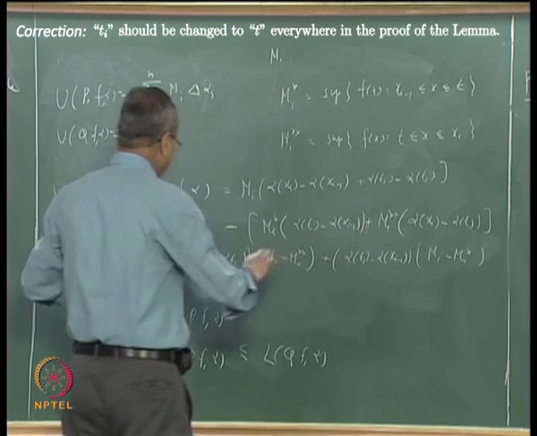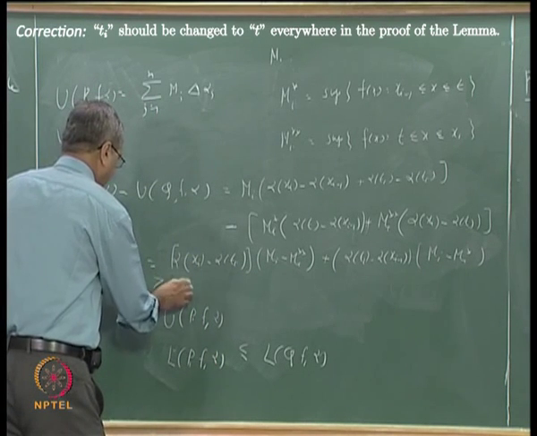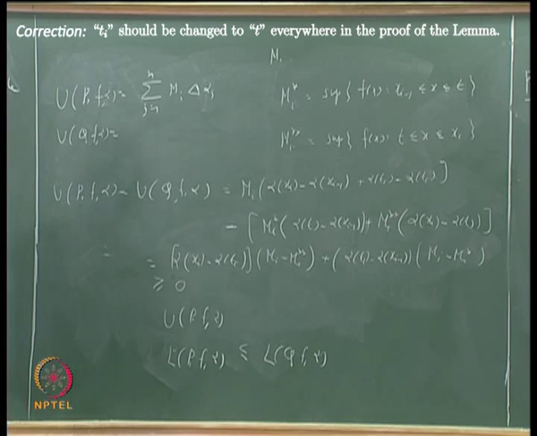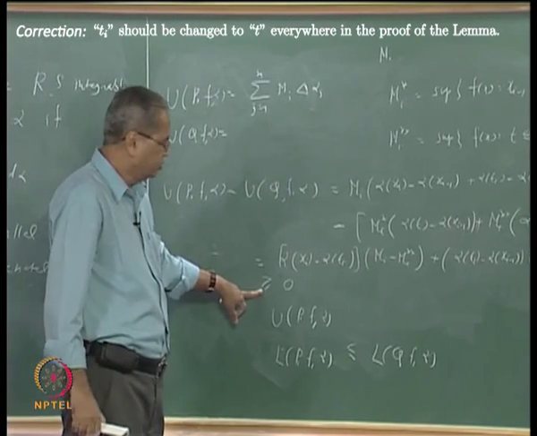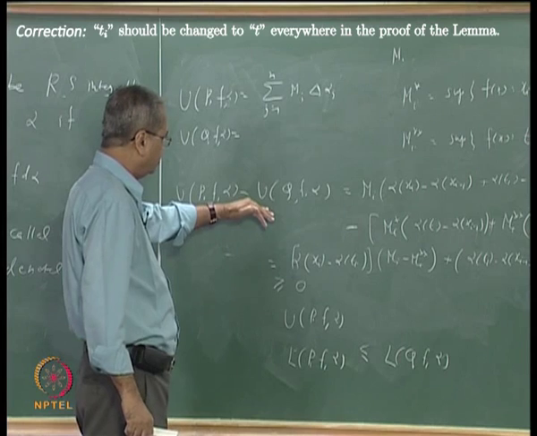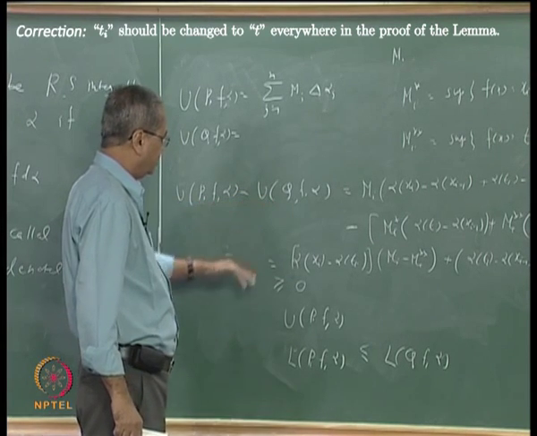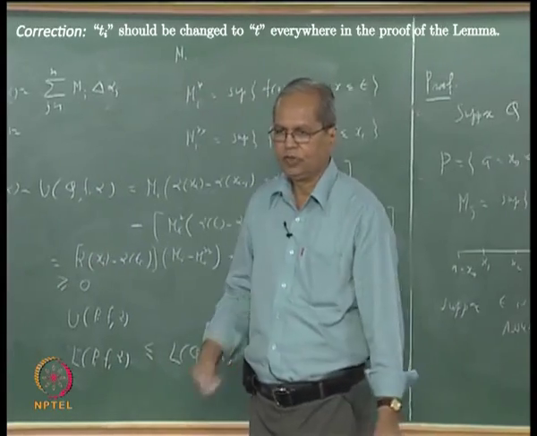So this whole thing is a sum of two non-negative numbers, so it is bigger than or equal to 0, and that proves that the upper sum corresponding to P is bigger than or equal to the upper sum corresponding to Q. That means if you take a refinement, the upper sums reduce.